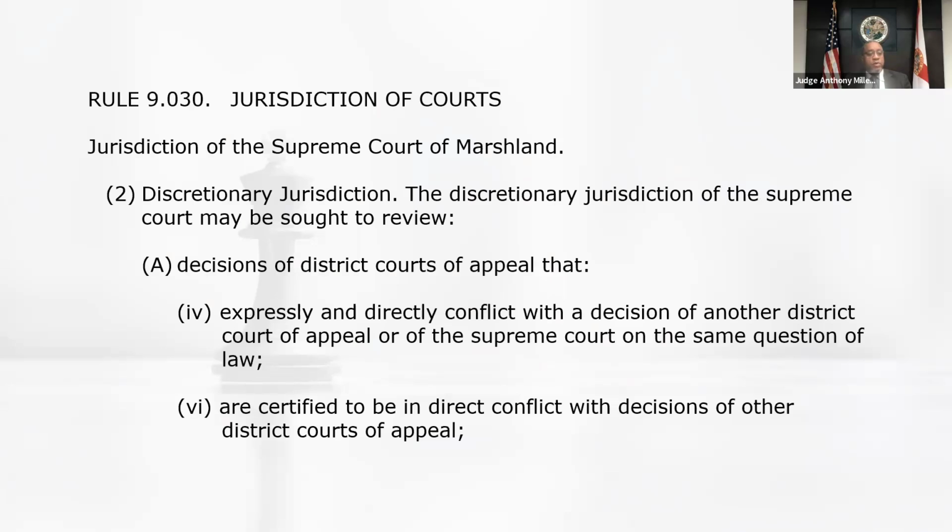This allows the Supreme Court to step in and resolve conflicts so that a single rule applies statewide. Now, a lot of times it operates more in theory than in practice. I'm sure some of you all may have participated in litigation where you were disappointed that the Supreme Court may not have exercised their discretionary review, but it is discretionary, so they may not do so.